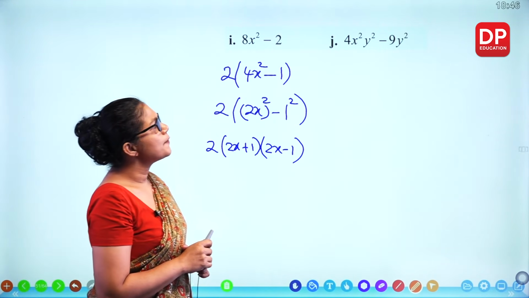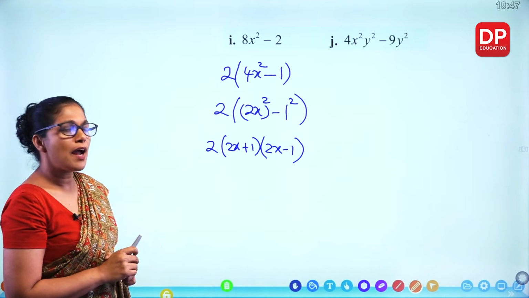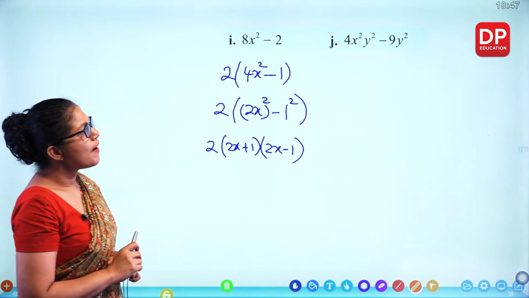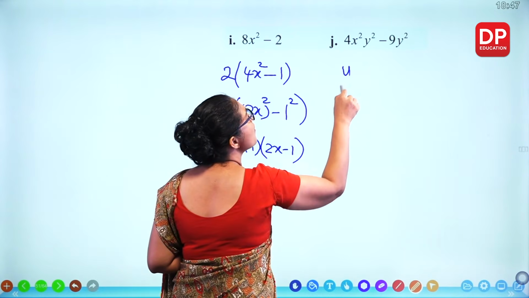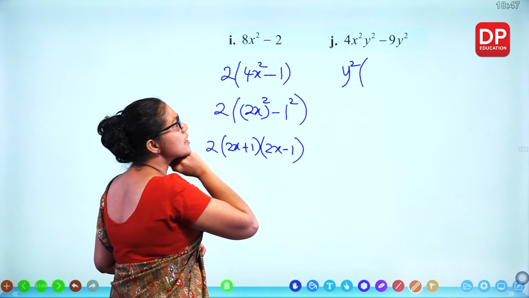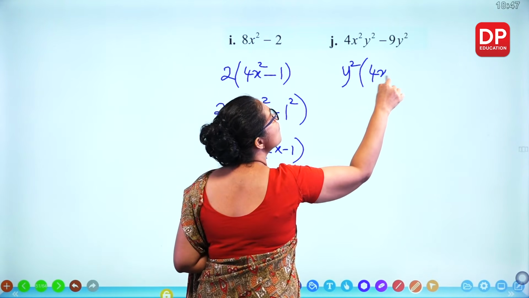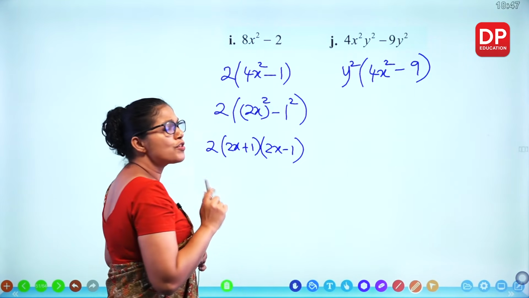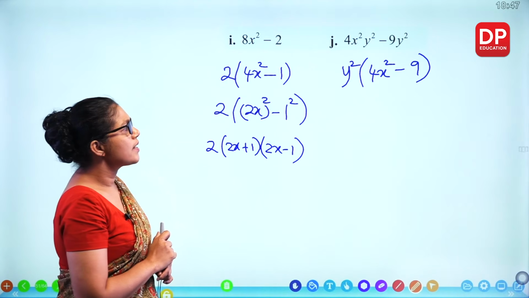What about this one? First check whether there are common factors. Yes. What are common factors here? Y squared is common. Take it out. What's remaining? 4x squared minus 9. Now try to write down as square terms.